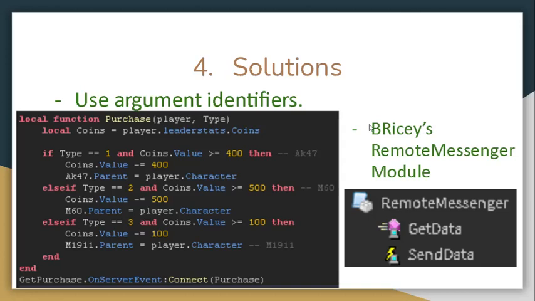So check their money, check if the type is right: if type equals 1, if type equals 2. Basically just check your parameters. You don't have to check player, because player is always passed in as player, so you can just do player.leaderstats and all that. Definitely do that as well. Anyways, let's continue to the next.